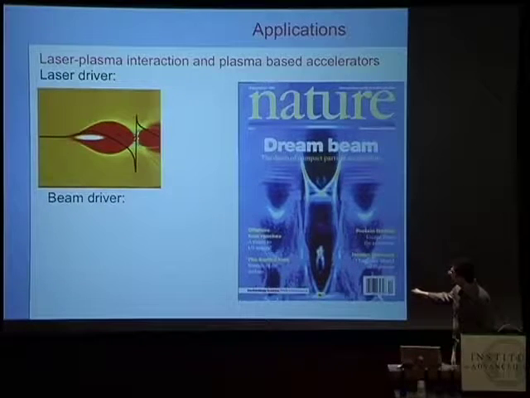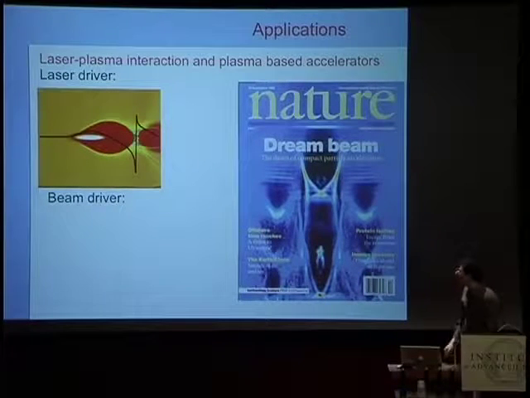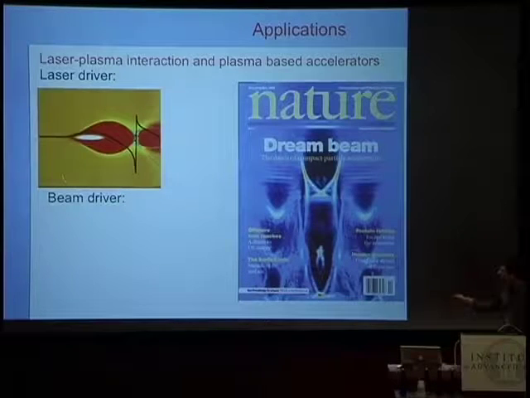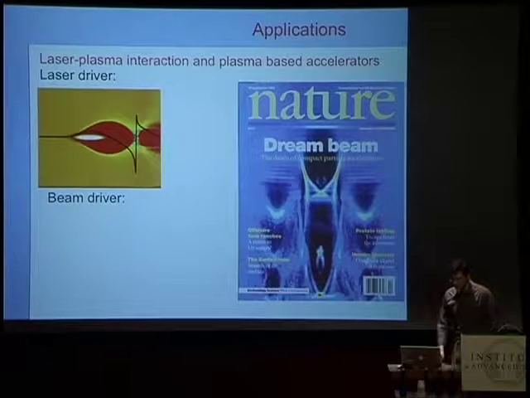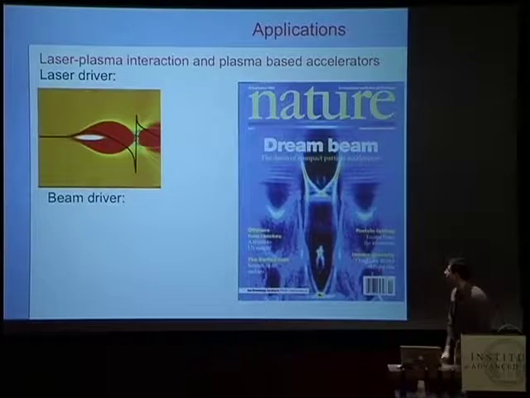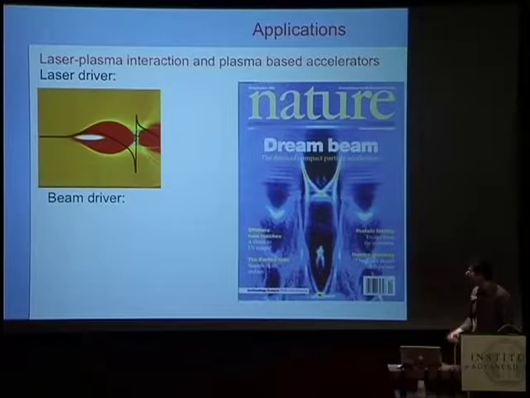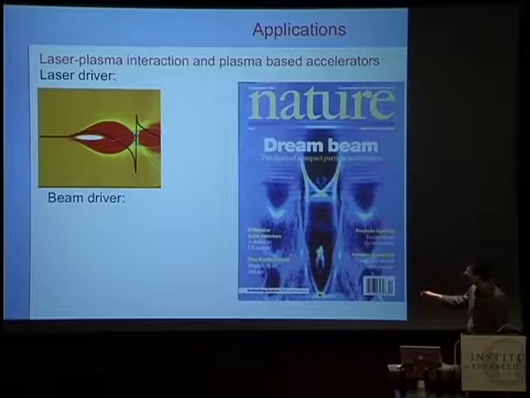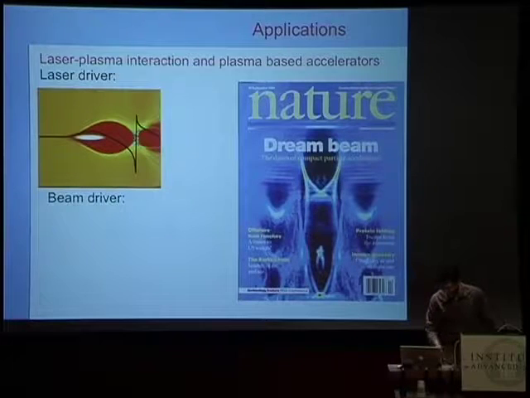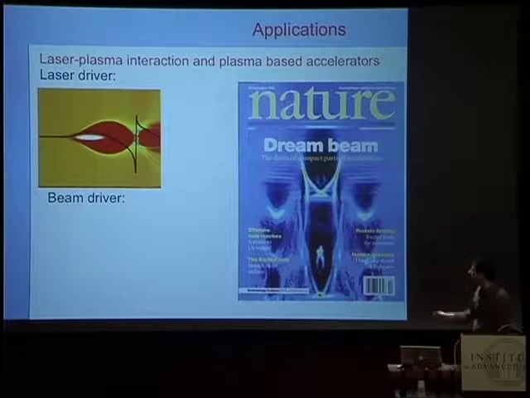And a particle riding on this field can get accelerated. This is a potential for producing laser plasma accelerators with large gradients of accelerating electric fields, but it's happening basically inside of your small-scale laser plasma interaction.